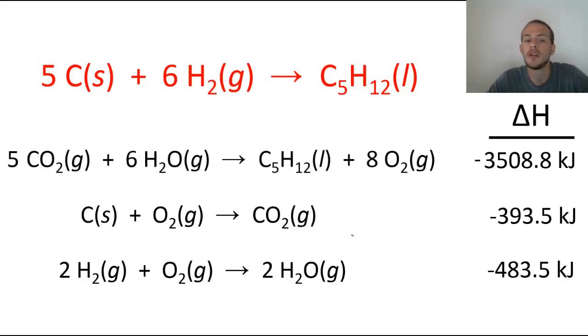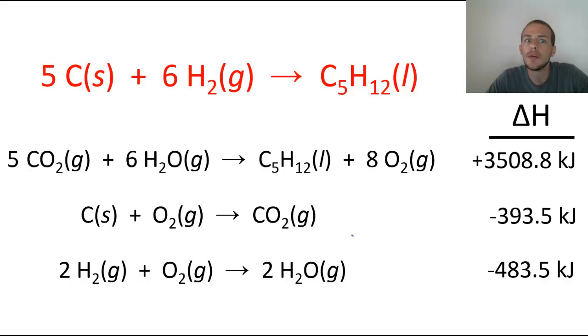So I've reversed the equation, so now I have pentane and oxygen on the right, and I have CO2 and water on the left. Since I've reversed this equation, I'm going to have to take that delta H value and change its sign. So negative 3,508.8 kilojoules is going to become positive 3,508.8 kilojoules. So now we have pentane on the right side where it belongs.